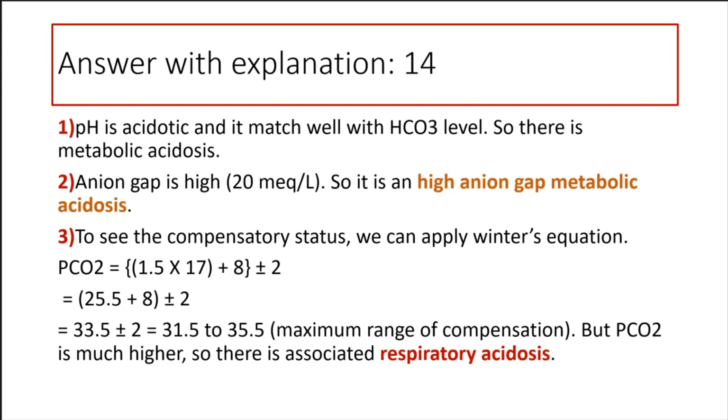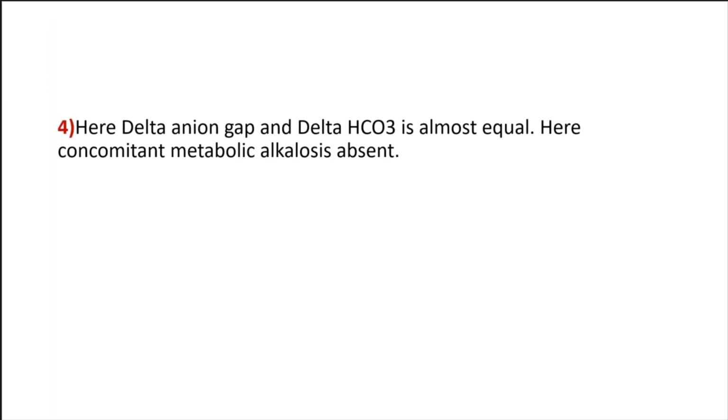PCO2 equals 1.5 multiply 17 plus 8 plus minus 2 equals 25.5 plus 8 plus minus 2 equals 33.5 plus minus 2 equals 31.5 to 35.5, maximum range of compensation. But PCO2 is much higher, so there is associated respiratory acidosis. 4.